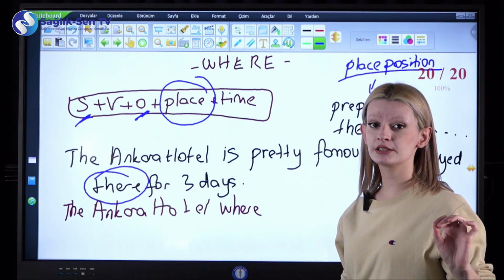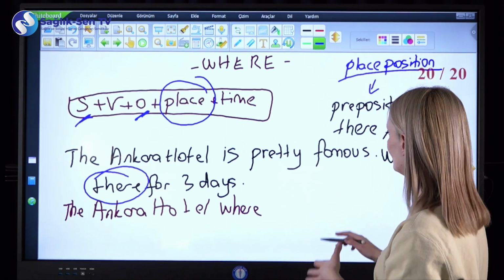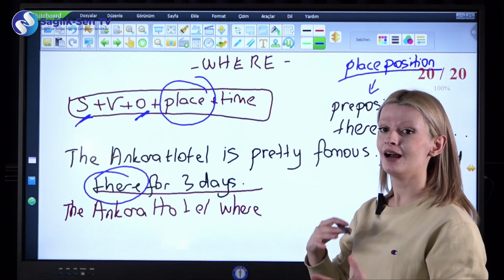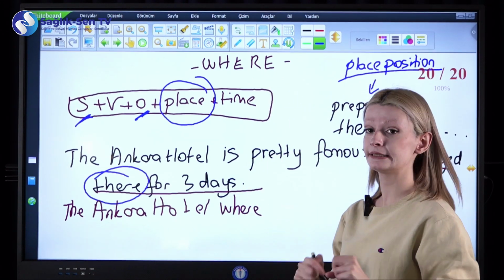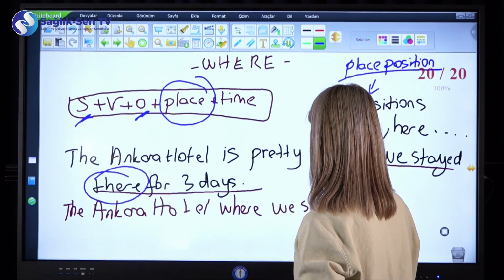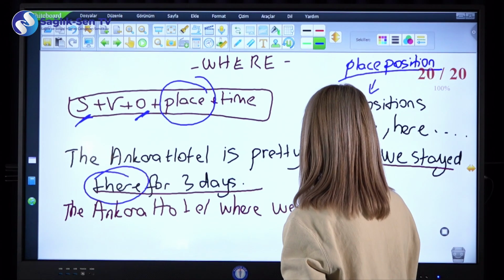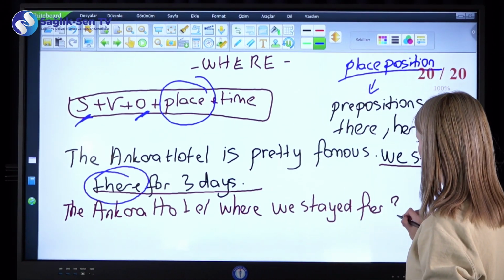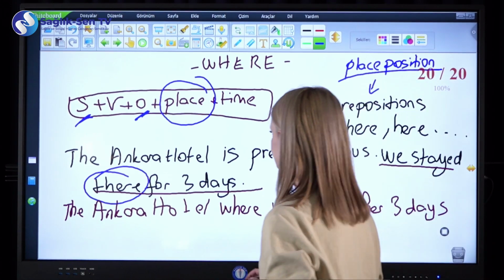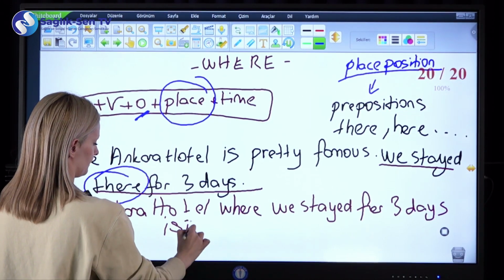And I am going to keep going with the second sentence because we have that place meaning in the second sentence, where we stayed for 3 days is pretty famous.